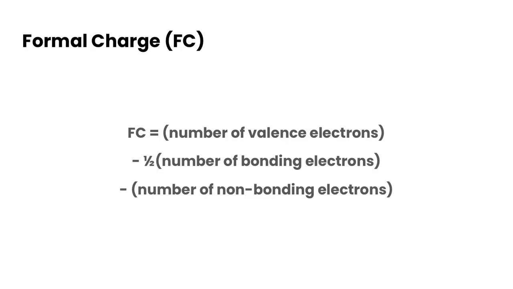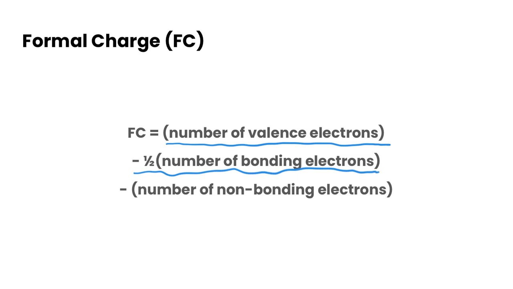So, what is formal charge? Well, formal charge is almost like a way of keeping tabs on the number of electrons of each atom within a Lewis structure. It's formally defined as taking, for the atom, the number of valence electrons and then subtracting half of the number of bonding electrons.